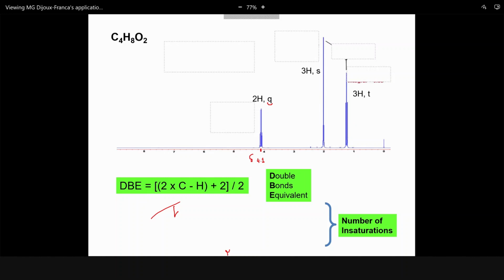Because it's so big here, so it may be an ester. But how is an ester like that? So here, if I write only this, I don't see any proton on this. What do you mean? What should I write?